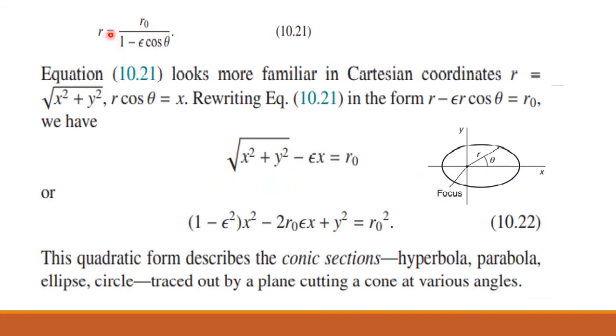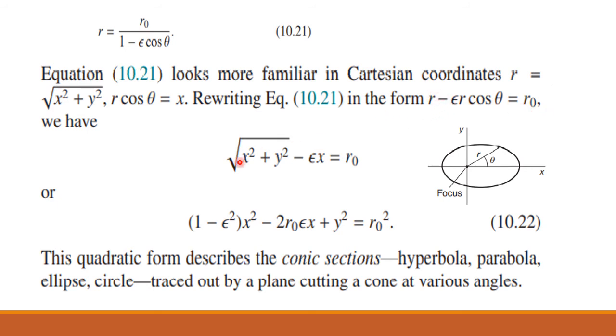In this equation, you convert it into polar coordinates r and theta. So what is r? r is the root of x squared plus y squared, and r cos theta is equal to x. We cross multiply to get r minus epsilon r cos theta equal to r0.